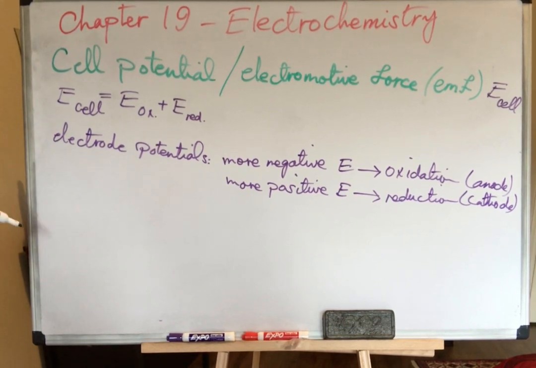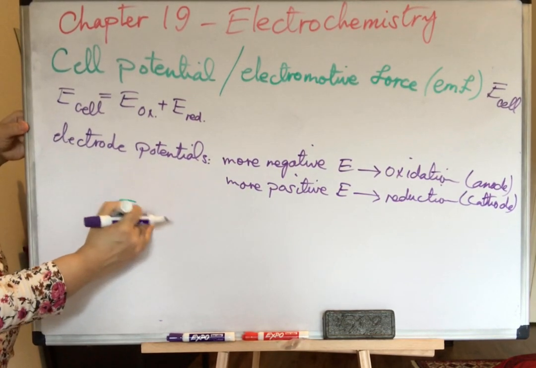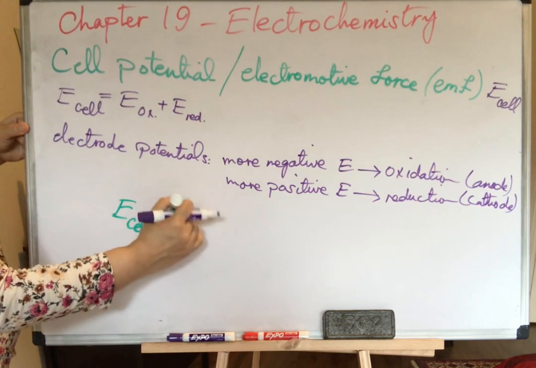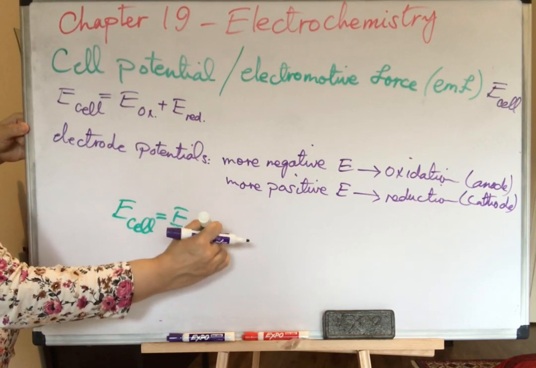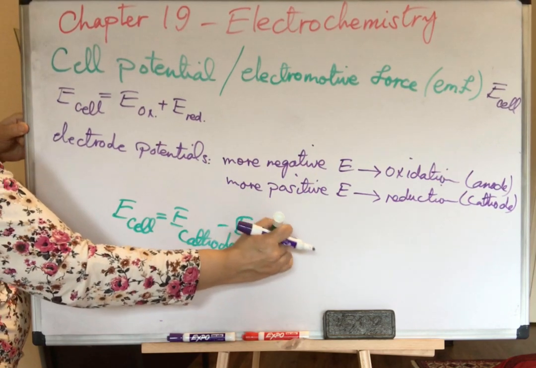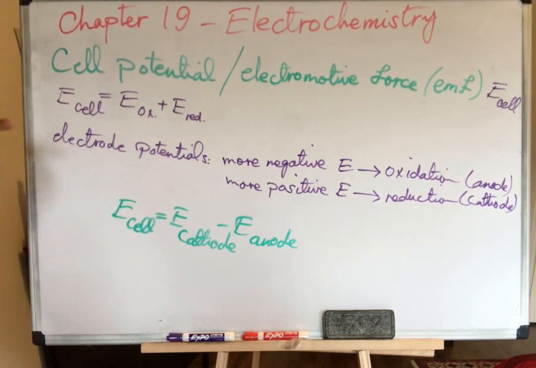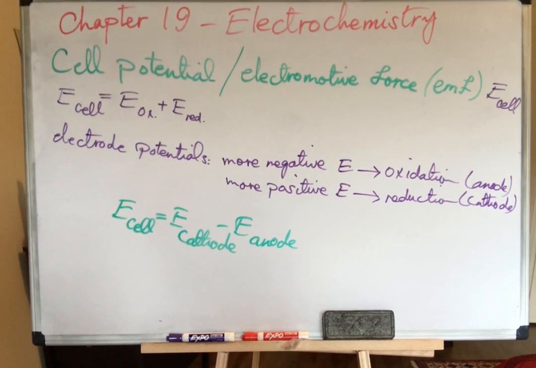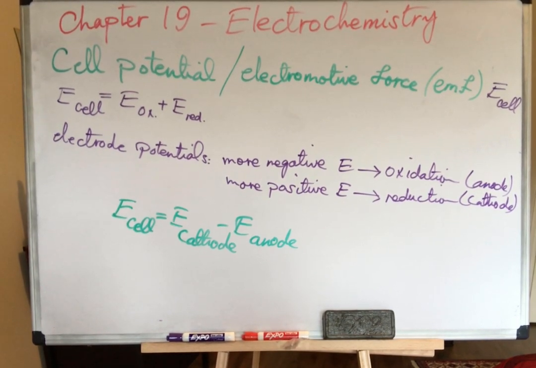All right, so at the end, what you need to know is that E of cell is E of cathode minus E of anode. If you pay attention to that table again, you will see the potential for hydrogen is 0, so keep it in mind.